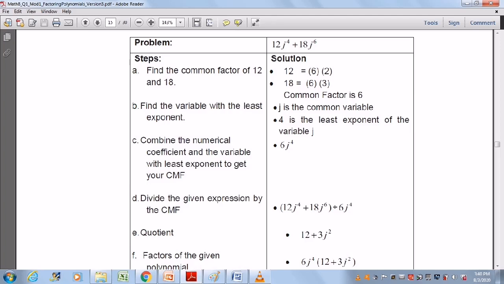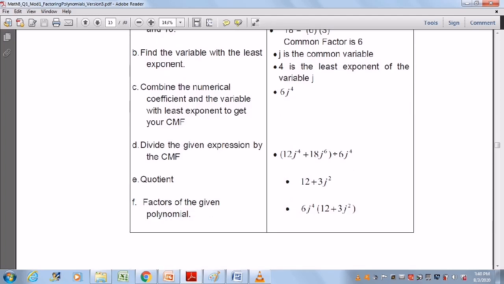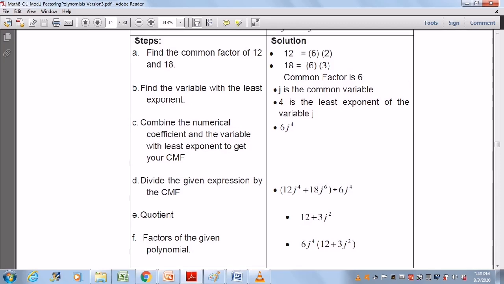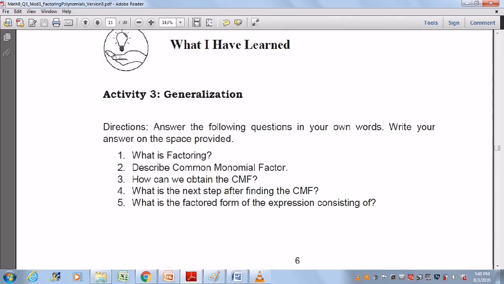Ayan, so another example, ganun din, pinakita din yung steps and then pinakita yung pinaka answers. Ayan. So you have the steps and you have the solution. So, ang hirap kapag naglagay ka ng step-by-step process. Pero dito talaga ay malinaw na inaipakita. And then, what I have learned, you have the generalization by answering the guide questions given.